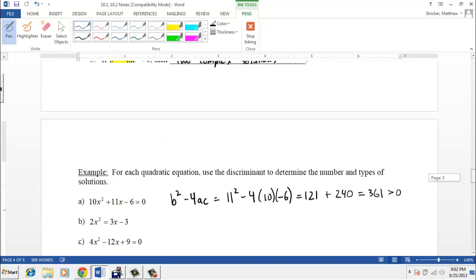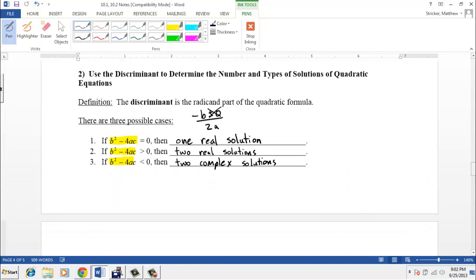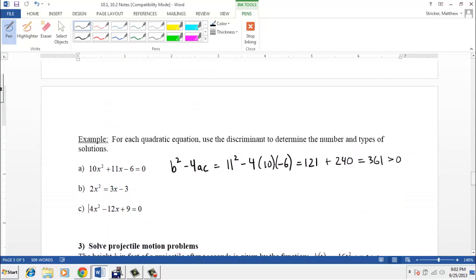And so that's the case when it's greater than 0. And that means we have two real solutions.